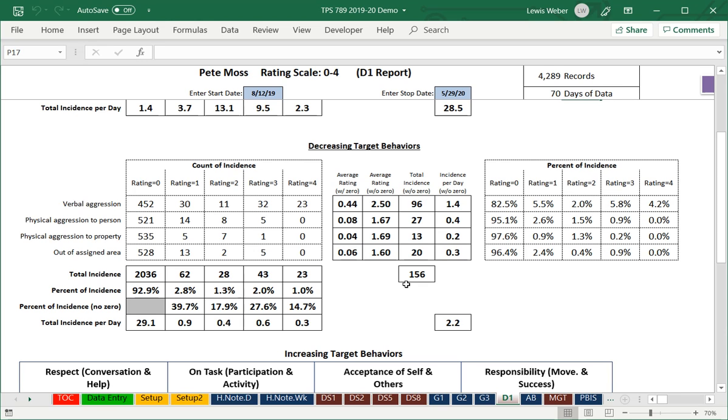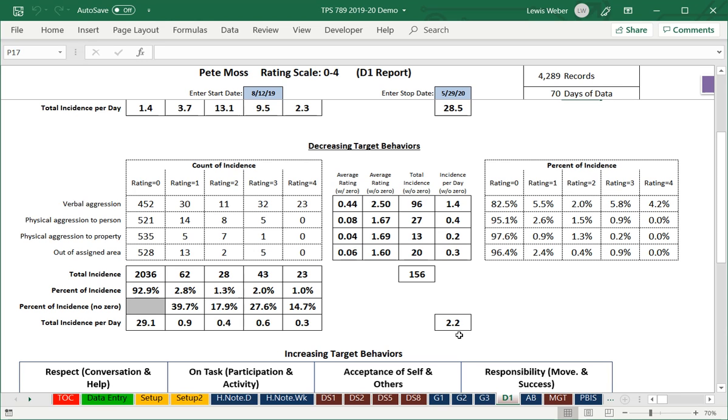It gives us just a sense of the totality or the intensity of Pete's occurrence, really is the word that I'm looking for, the sense of occurrence of Pete's decreasing target behaviors. And across all of Pete's decreasing target behaviors, there's an incidence of 2 recording blocks per day.